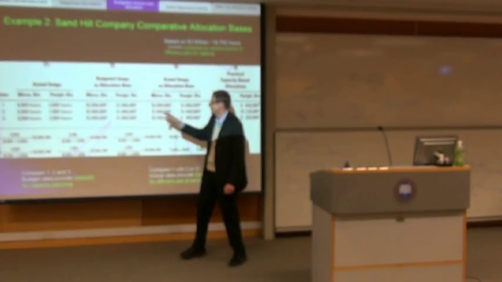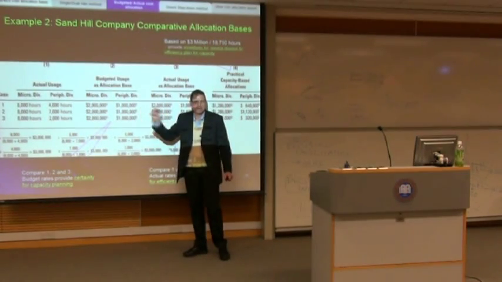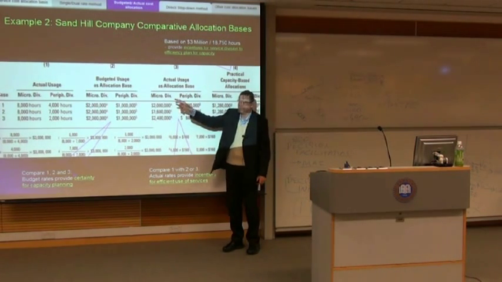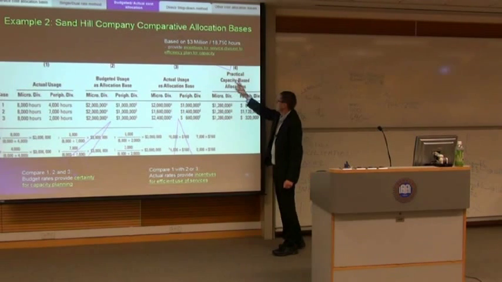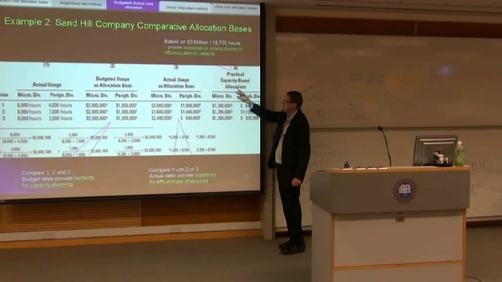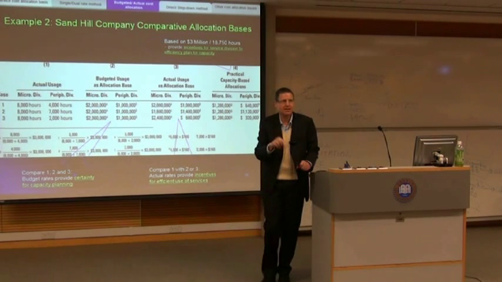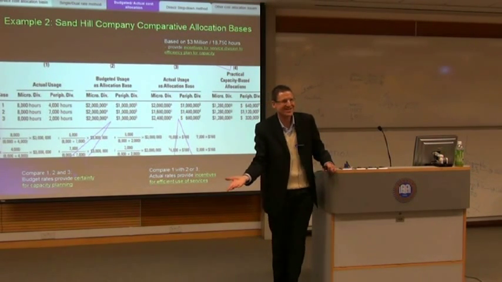But the budget is still 2 and 1 because they promised 8 and 4. Yes, actual is 2 and 1 because actual equals budget. What about capacity? Based on practical capacity allocation, 1.2 million and 640,000. Why? Because they only used 12,000 hours out of 18,000.